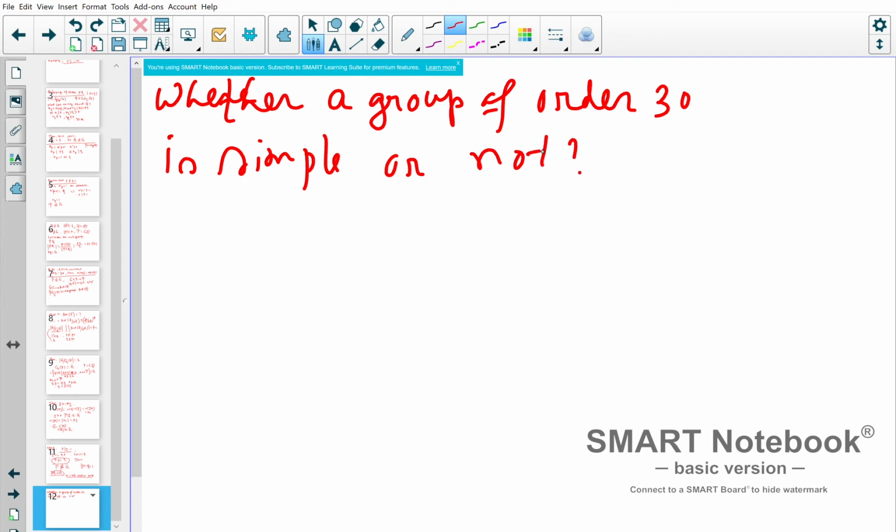Suppose this is my question. I want to know, if you have a group of order 30, is it a simple group? I mean, do you have a non-trivial normal subgroup, neither G nor the identity subgroup? Then what happens? Obviously you can again use Sylow's theorem. So you have a group G of order 30.